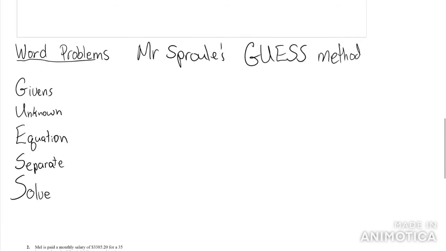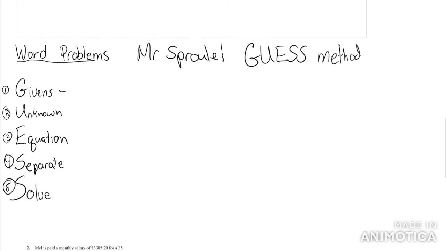So this is our order in which we do word problems in. So we're going to start here, and we're going to work our way down. In some cases, you might only need to use a couple of these, but slowing yourself down and solving word problems this way will make things way easier.